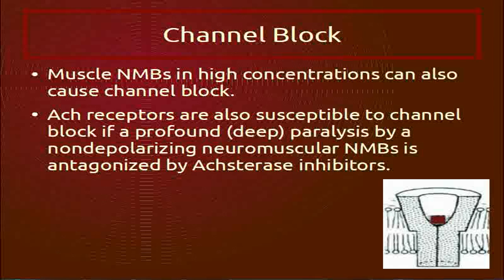Yes, it can get into the channels and cause a blockade, but clinically, this is not why you're seeing your neuromuscular block work. You're seeing it work because it's binding to the acetylcholine receptor sites on the alpha subunits. Right? So the site of action is the two alpha subunits in the nicotinic muscle receptor.